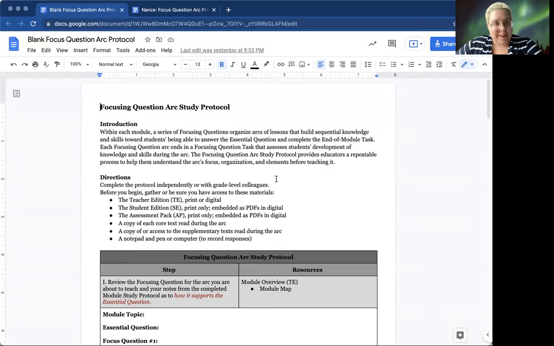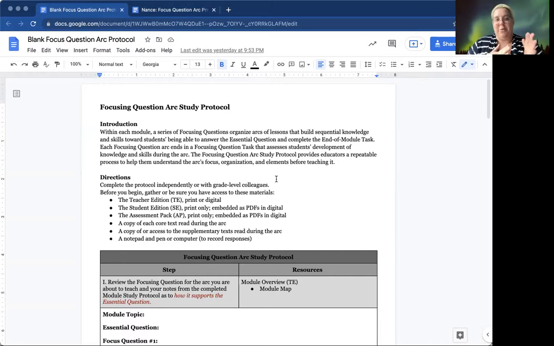And I recognize that this can just feel like another thing that has to be done, that feels like busy work, but I just wanted to share with you a completed one of these module study protocols briefly that I did with one of our middle school teachers at Waverly, who I've already asked permission, I guess a school year and a half ago, so I hope that stands. We sat down together and worked on this.